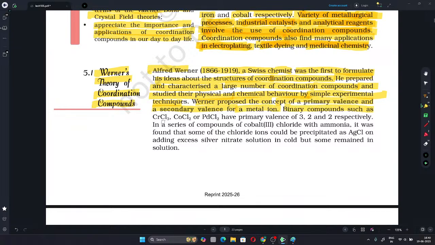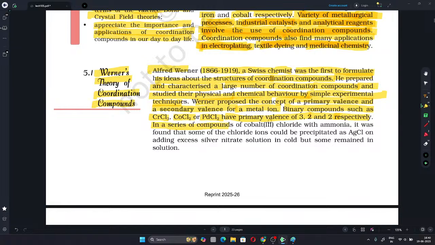Binary compounds such as chromium trichloride, cobalt chloride, and palladium chloride have primary valences of 3, 2, and 2 respectively.